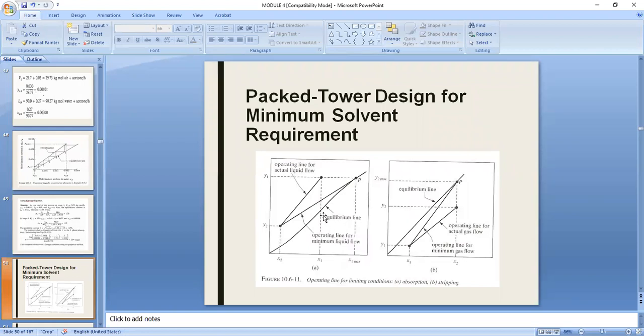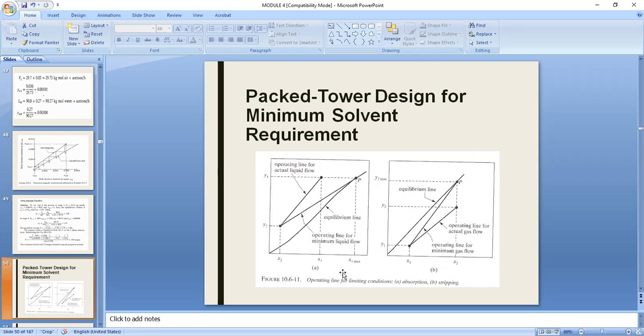In the case of gas absorption, if this is your original operating line, you move the top portion of the operating line tangential to, or you just transfer this point horizontally to this part here in your equilibrium curve. At this particular operating line, your column is using the minimum amount of solvent to achieve the desired separation.